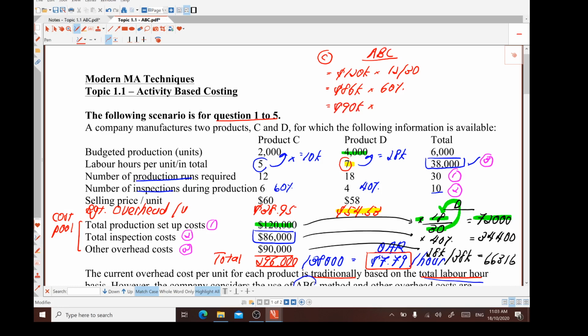So with this $90,000, we are trying to absorb back using the labor hours. I hope you still remember. That's like 10,000 over 38. All right, so just get a total right here. And don't forget, we can divide that by the quantity. If you still remember, that's like 2,000 units for C, and that's how you get the overhead cost per unit if it's under the ABC.